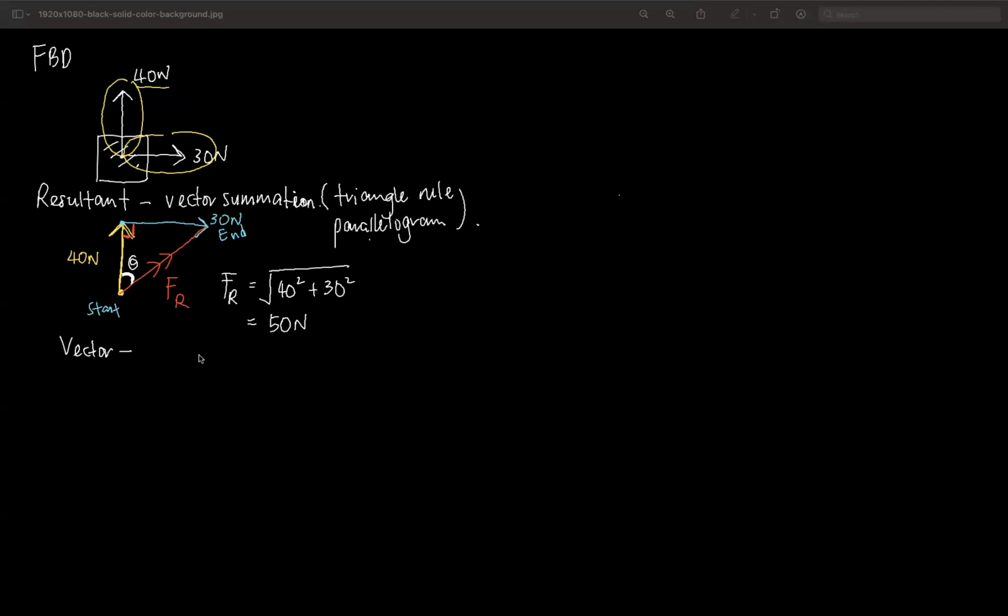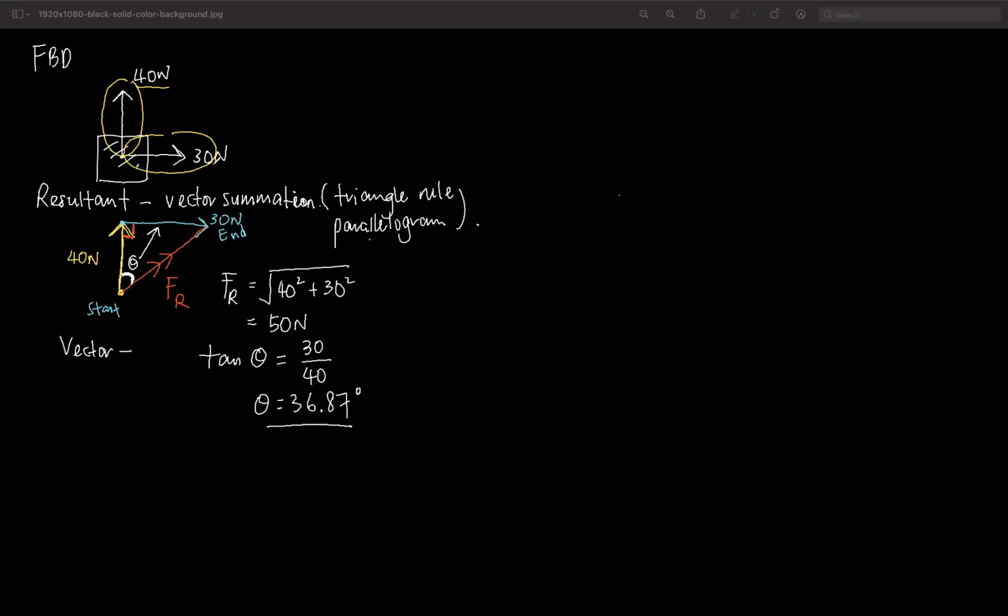Tangent theta equals opposite side 30 over adjacent 40. Angle equals tangent inverse of 30 divided by 40, which is 36.87 degrees.